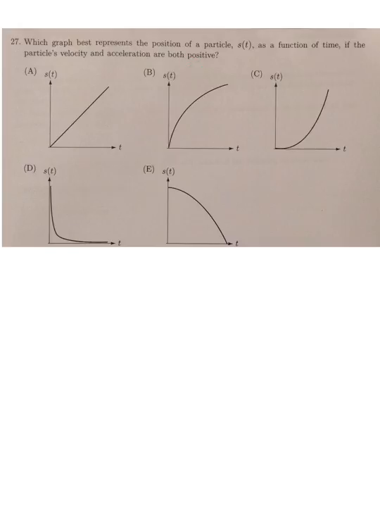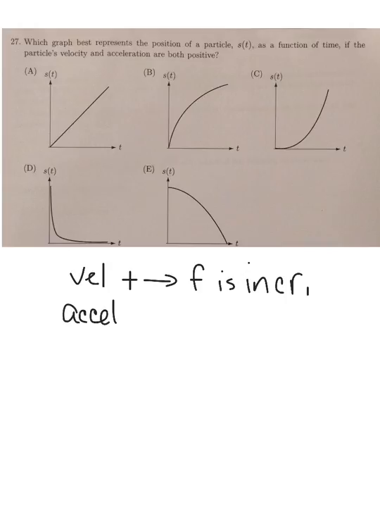I'm going to write that down here: velocity is positive, that means f is increasing. And when the acceleration is positive, that means the function is concave up. So you're looking for a picture that's increasing and concave up, so that's choice C.